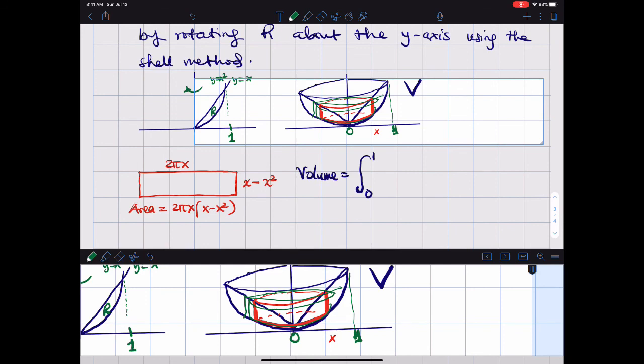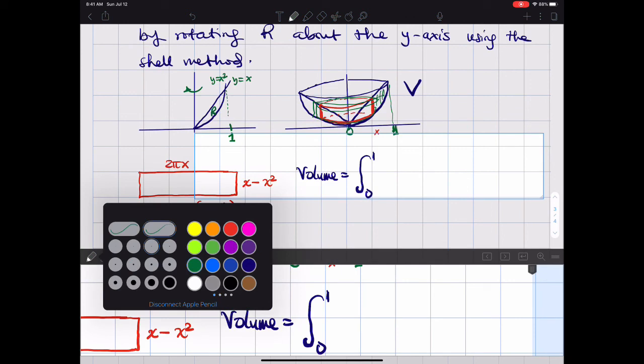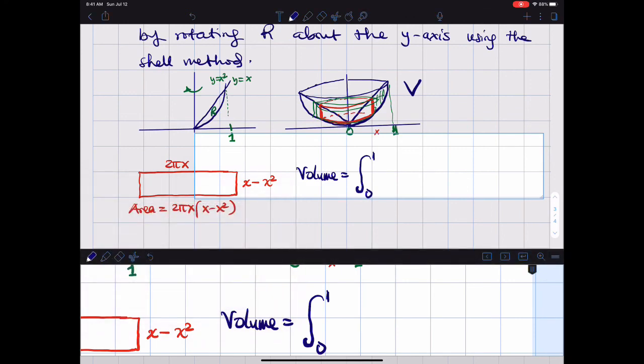Think of the area of every possible shell and then integrate it. If you do that from 0 to 1, you're going to cover the whole volume. So we're going from 0 to 1, and we have 2 pi x times x minus x squared dx.